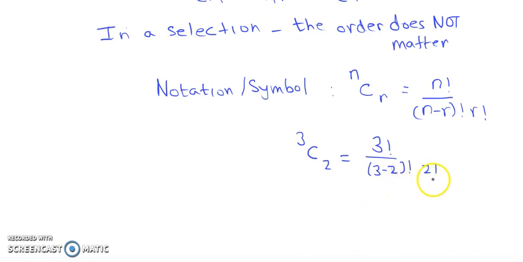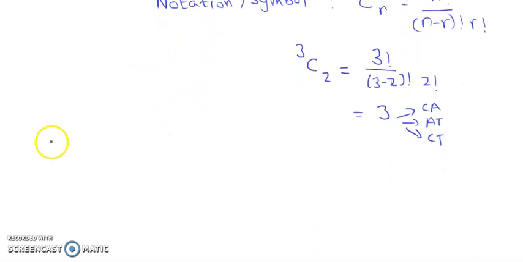So that gives me 3 selections, and that agrees with what we got: CA, AT and CT. That's it.